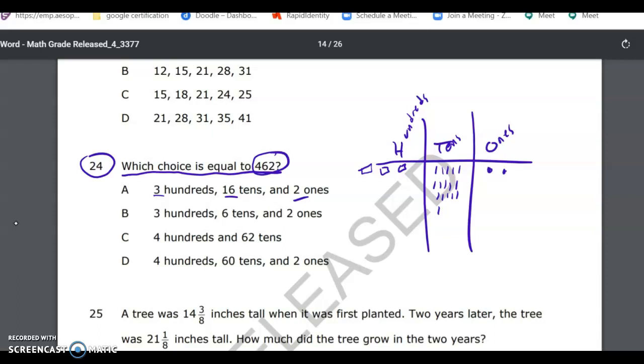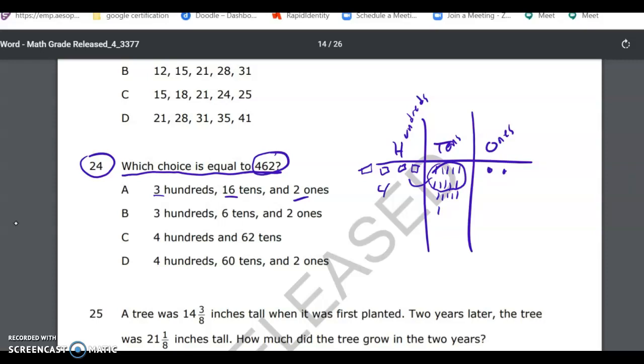Okay, so we're going to go in and do some grouping here. So we're going to take 10 of these and we're going to take it over here, and that makes 1 right here. Okay, so with that one, that becomes 400s.